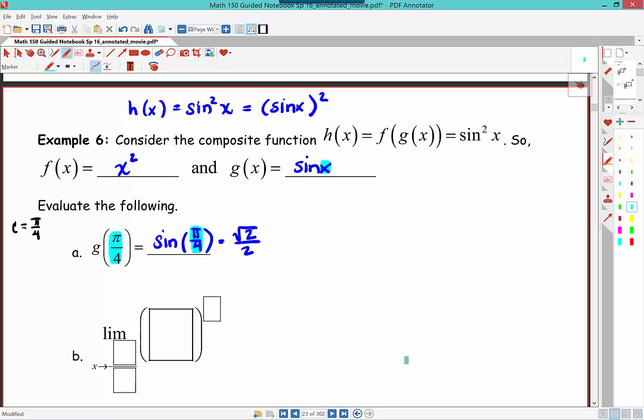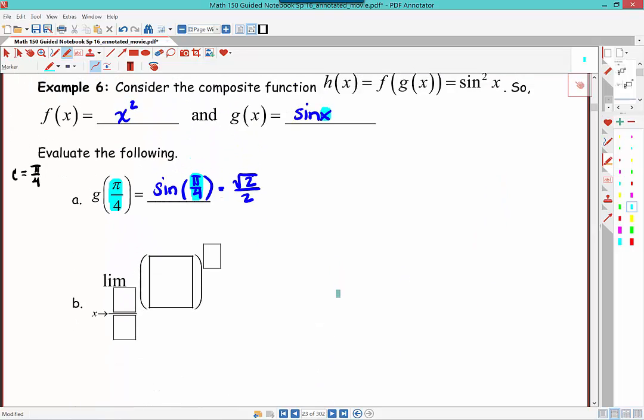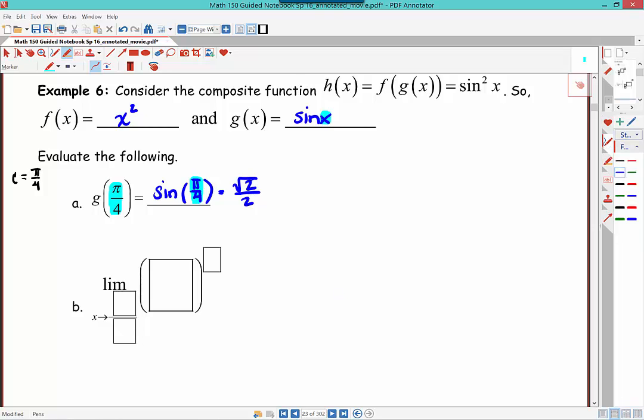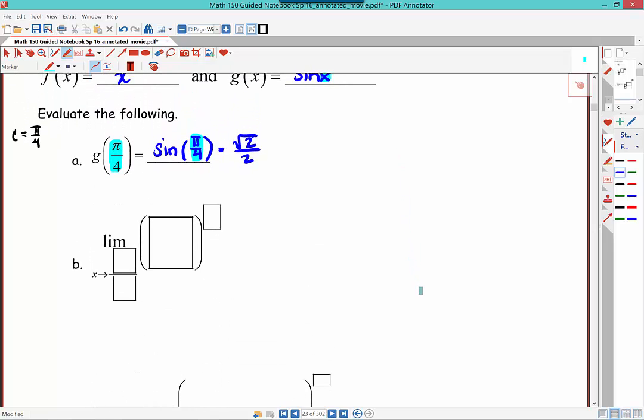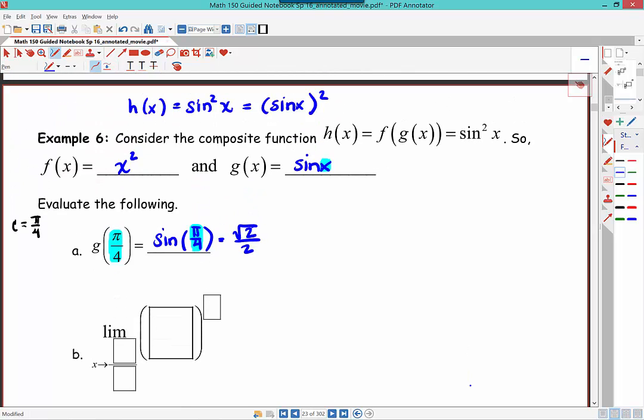So now let's think about what we're doing. If we're looking here and breaking this down a bit, we could say that the limit as x approaches pi over 4 of sine at x is equal to root 2 over 2.